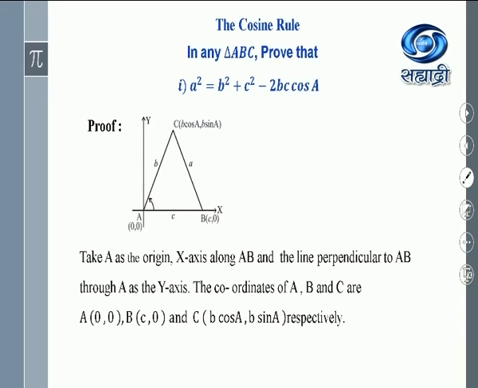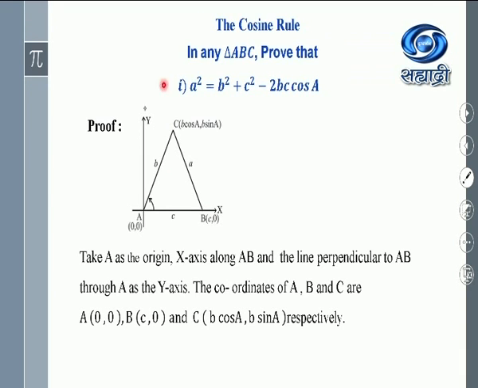Okay, so here we take A as the origin, x-axis along AB and the line perpendicular to AB through A as y-axis. We consider the side AB, if we extend it, as the x-axis, and through A we draw the perpendicular, and that is nothing but the y-axis. Clear? The coordinates of A, B and C are.